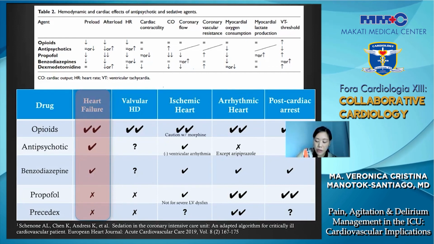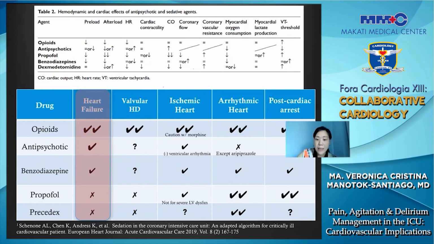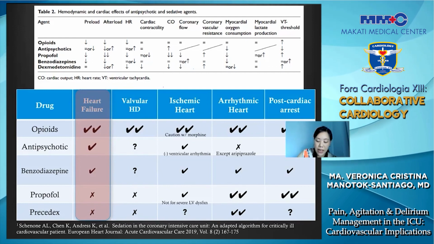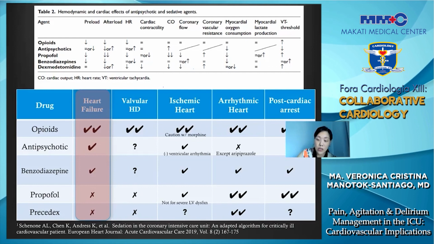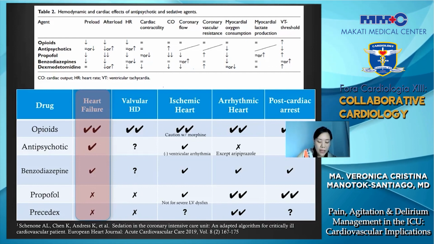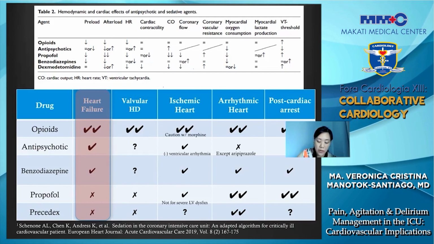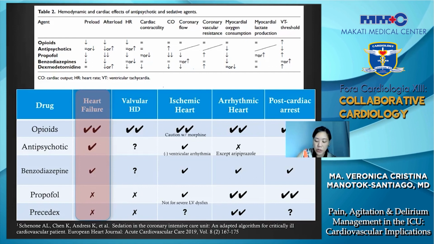On the other hand, propofol and Precedex may lead to hypotension through direct vasodilation, sympatholysis, and bradycardia via muscarinic receptor activation. So in summary, a patient with a failing heart would benefit from an initial sedative-less strategy, if it's possible, using fentanyl for pain control and antipsychotics for delirium management.